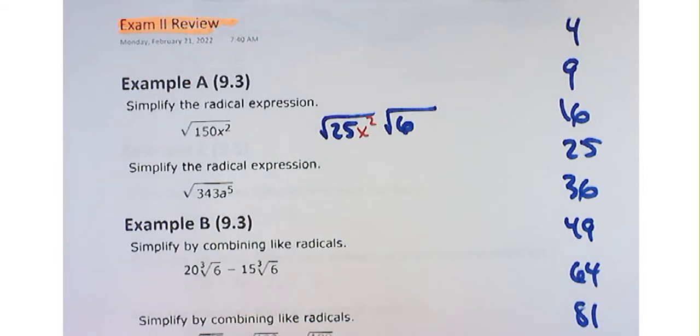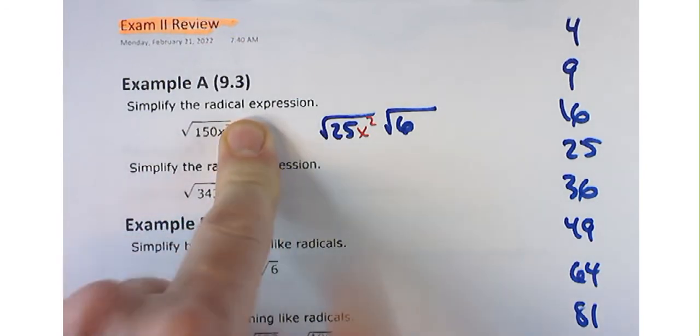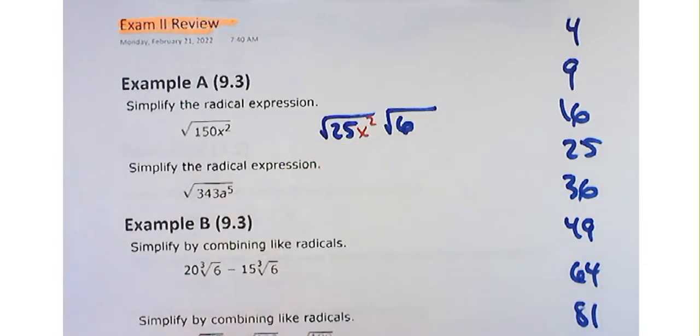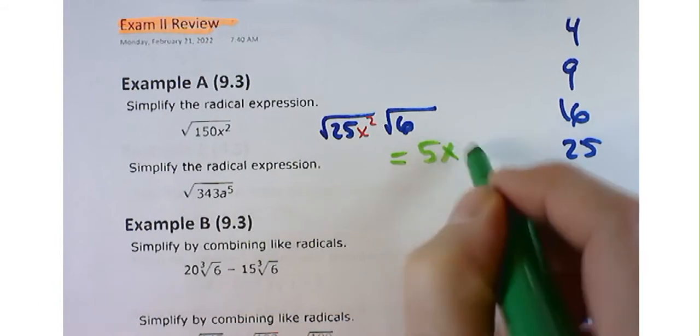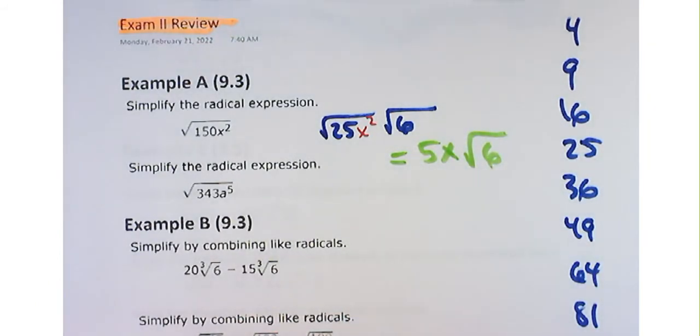Now, if they tell you that you can assume that the variables are positive, then you wouldn't need the absolute value here. If that assumption can't be made, then you would need the absolute value. We're going to assume that they can be made in this one, so that would be 5x times the square root of 6. And that's it.